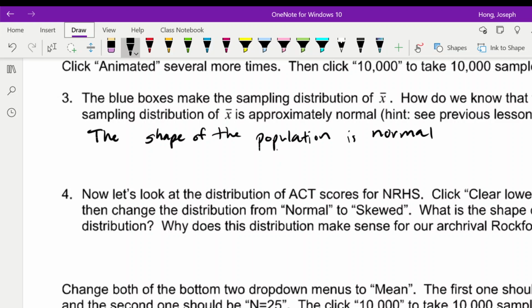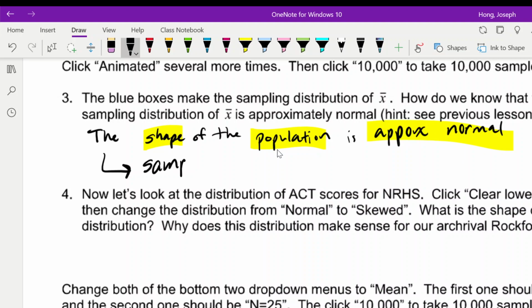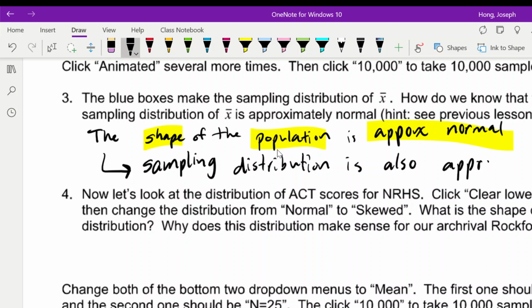And we learned that if the shape of the population is whatever, like for example, is normal, we shouldn't say normal, we should say approximately normal. Approximately normal. Then we can also come to conclusion that my sampling distribution is also approximately normal.